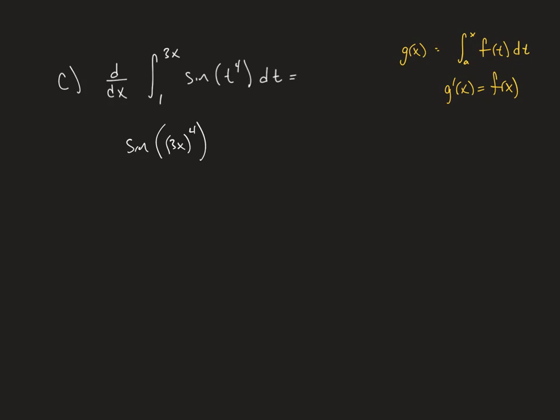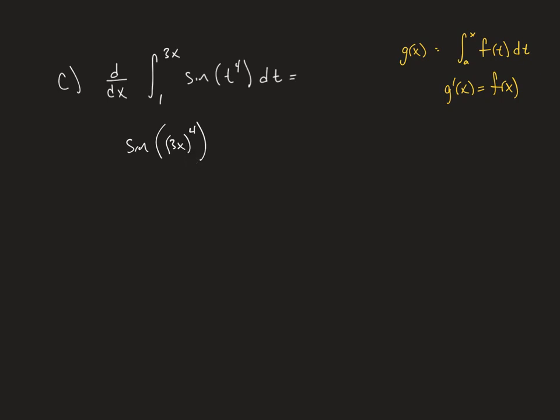So if you forget about this derivative component here and you imagine that you just took the integral of sine of t to the fourth from 3x to 1, you would take the antiderivative of this and you would plug in 3x minus, then you would plug in 1. Now the antiderivative at 1 is all going to disappear when you take the derivative because that's going to be a constant. So that's not playing a role here. But once I take the derivative of that element that has the 3x, it's going to look exactly like this, but it's going to have to be multiplied by the derivative of 3x because of the chain rule.